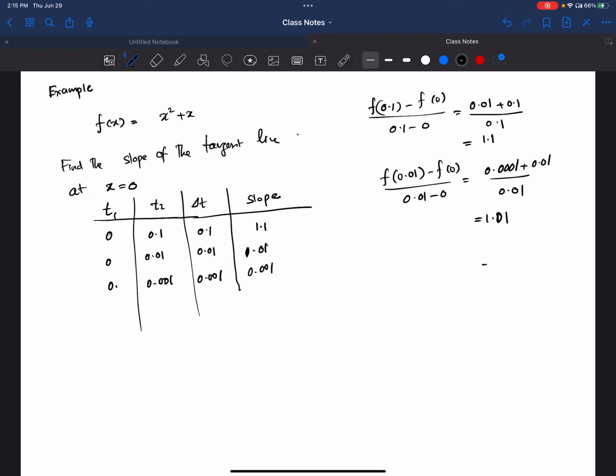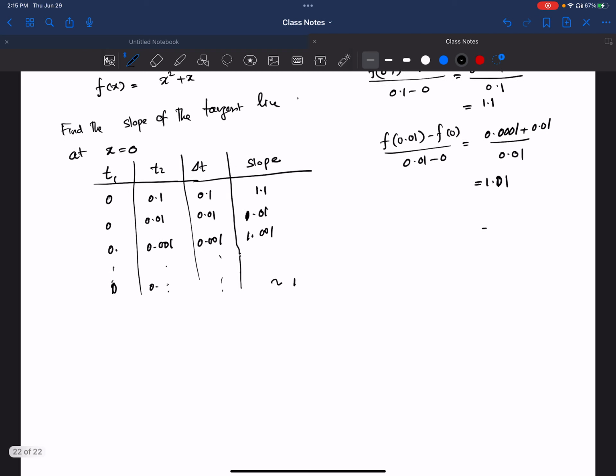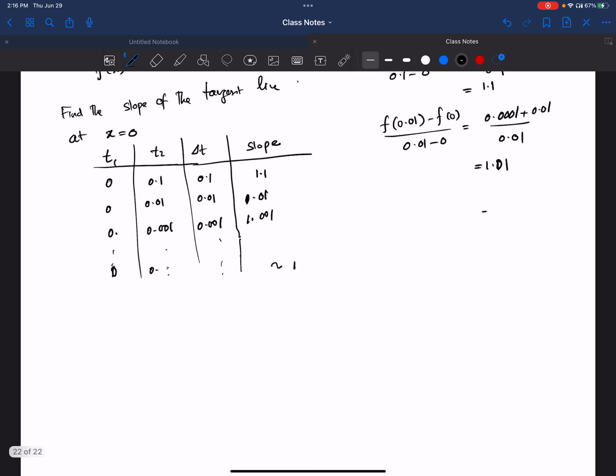So it becomes smaller and smaller. When it goes like that, you can find the slope of the tangent line should be close to 1. Okay, close to 1.